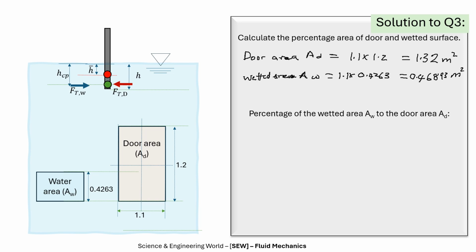So the percentage of wetted area to door will give us the area of the wetted surface, 0.46893, divided by the door area, 1.32, and this gives us 0.355.